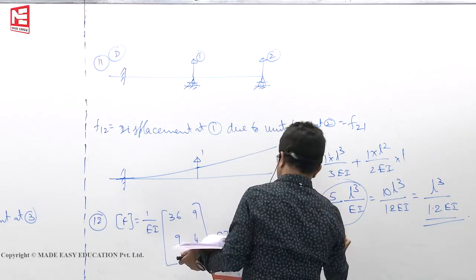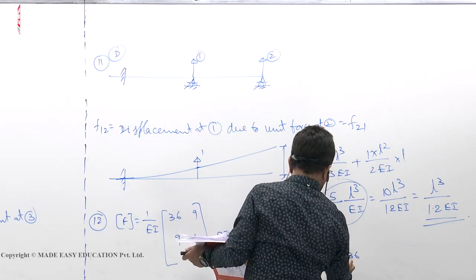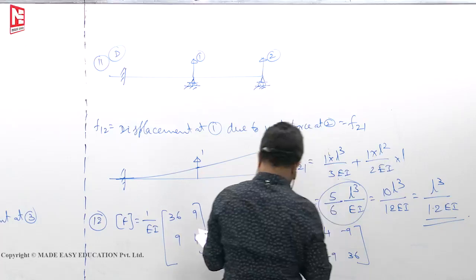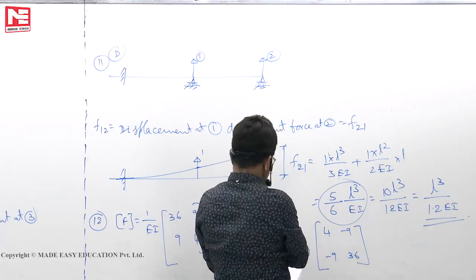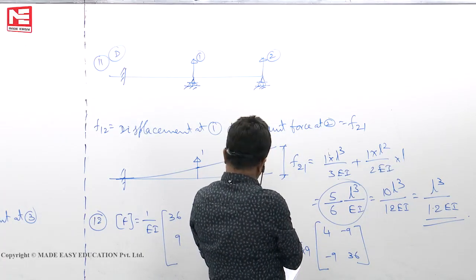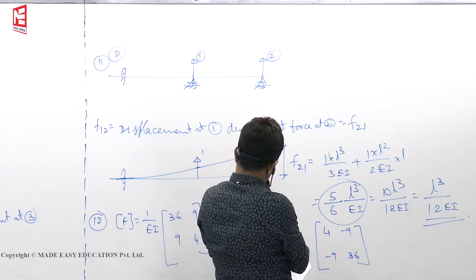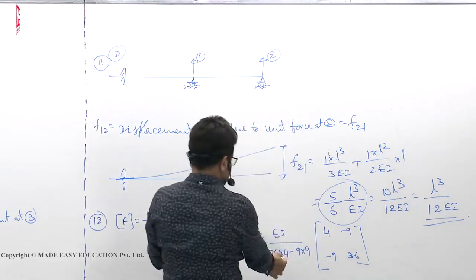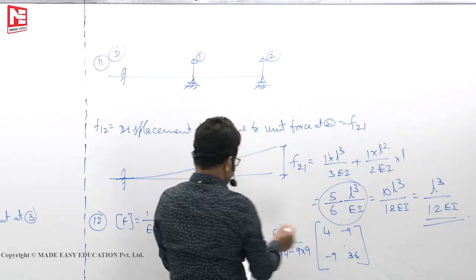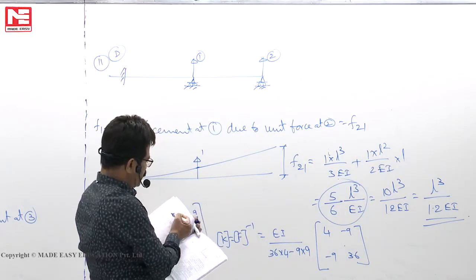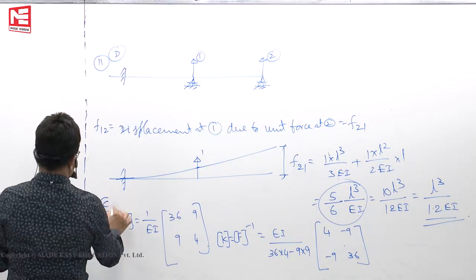So we have to make 4, 36, minus 9, minus 9. How many options match 4, 36, minus 9, minus 9? So we don't have to calculate this result. This is matching with only one: 4, minus 9, minus 9, 36. So C is the option.